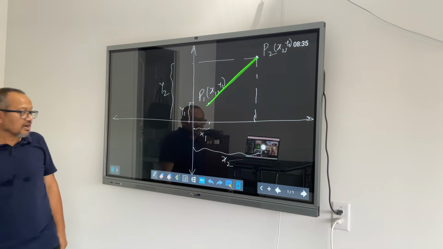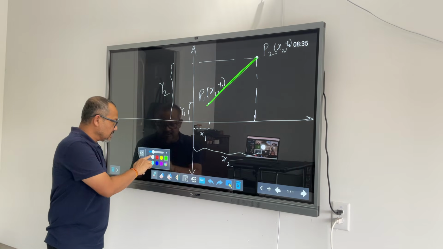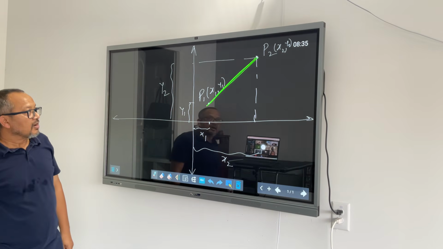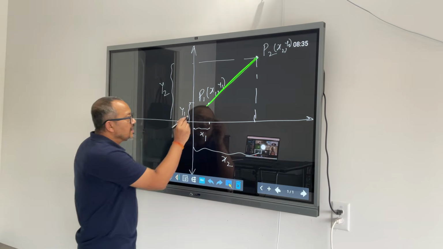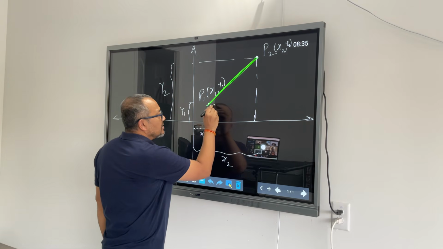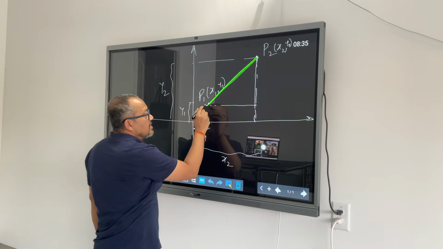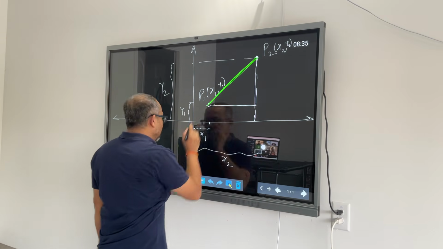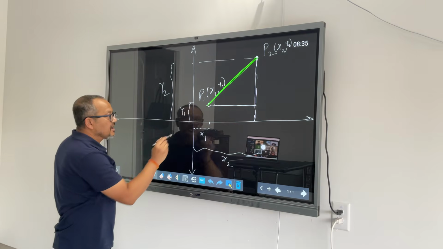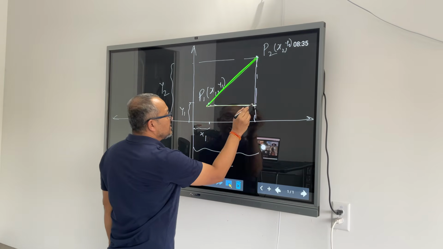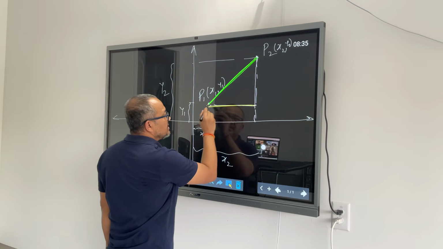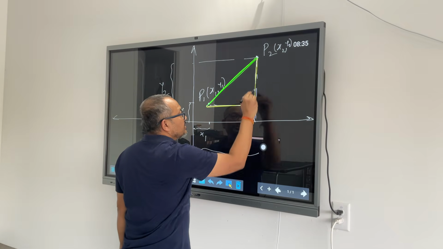And how do I find that out? What I will do is, I will drop a perpendicular again here and here. So this one that you see now, I dropped a perpendicular here, this yellow line that you see, and this other yellow line here.